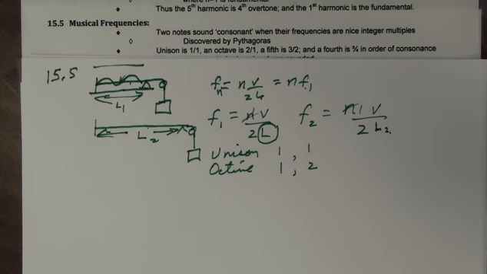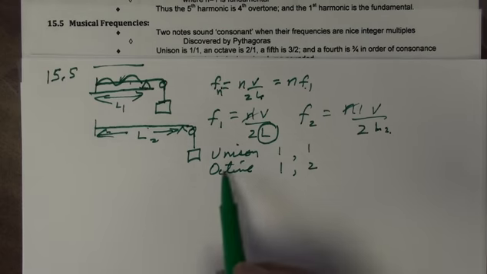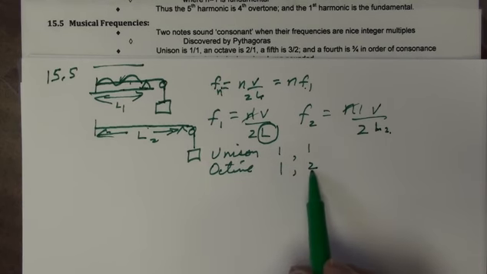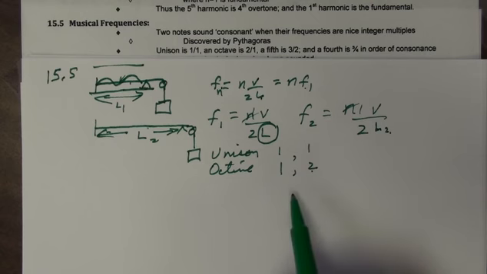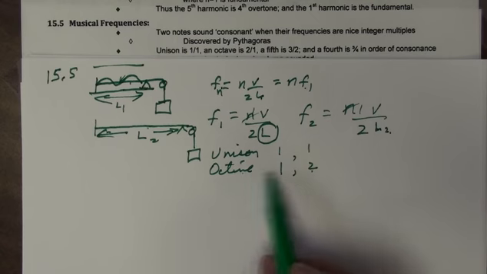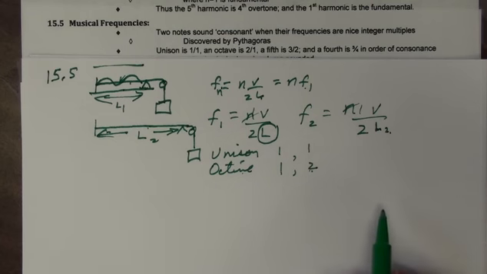An octave would be like da, da, da, da, da, da. An octave is so consonant that we say that the jump of an octave is really the same note at a higher frequency. It's of course not the same note. It's just very consonant with that note.